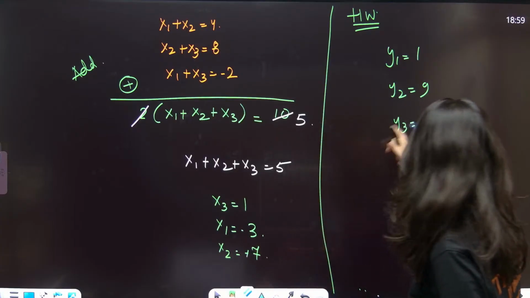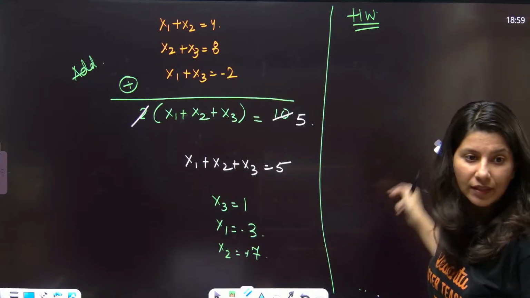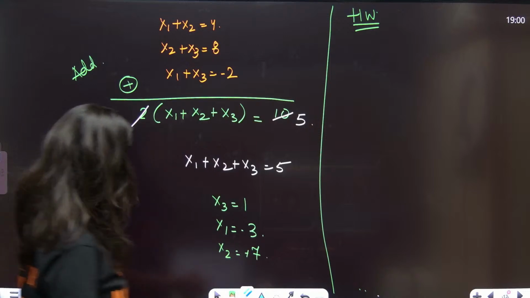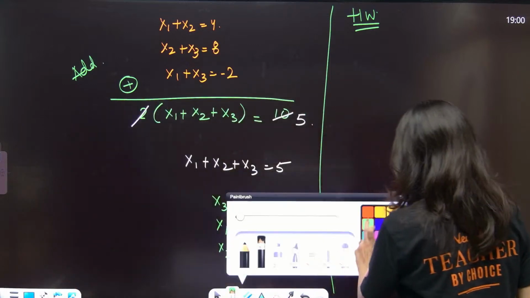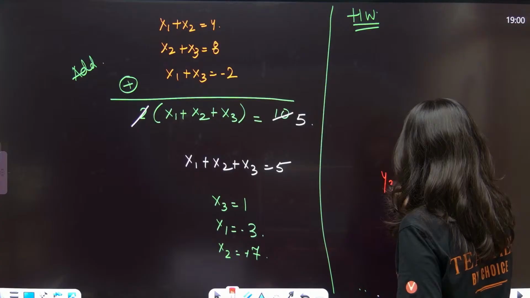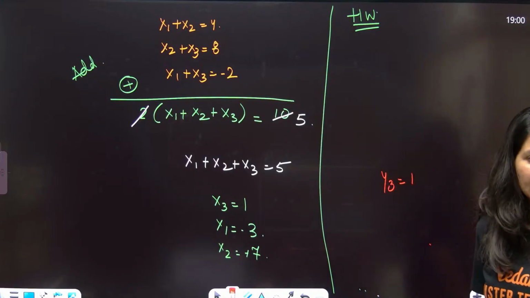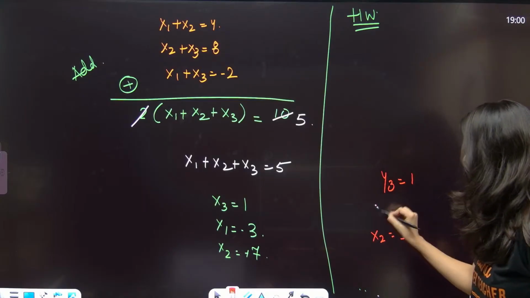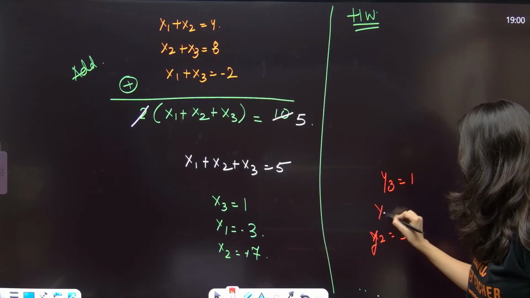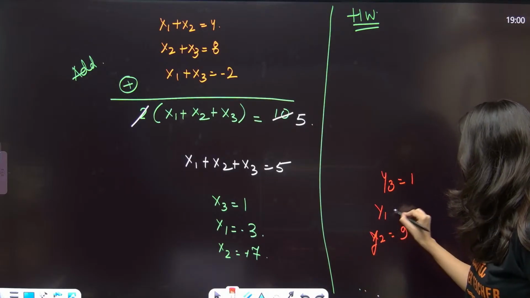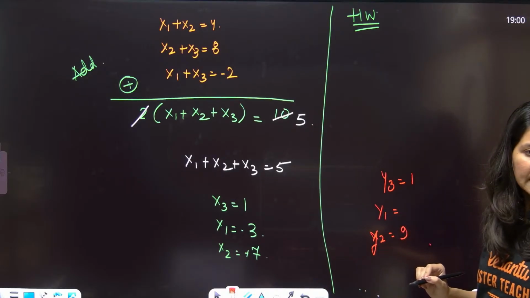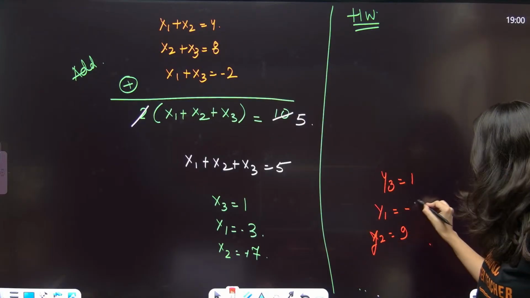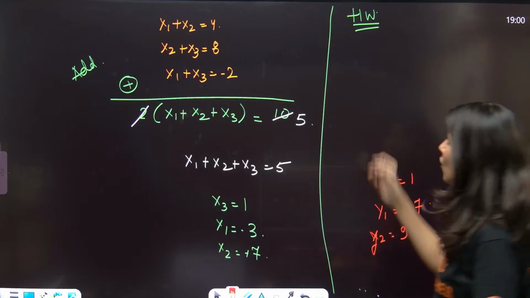Correspondingly, you will get y3 is 1, correct. Then y2 is 9 and y1 will be minus 7. So now you have got A, B and C.